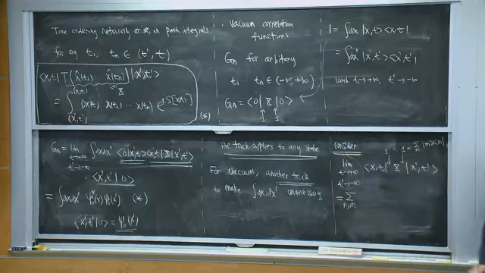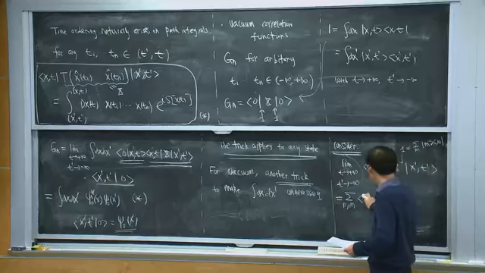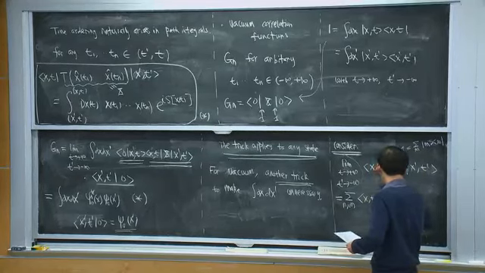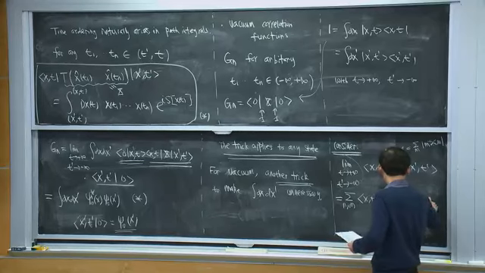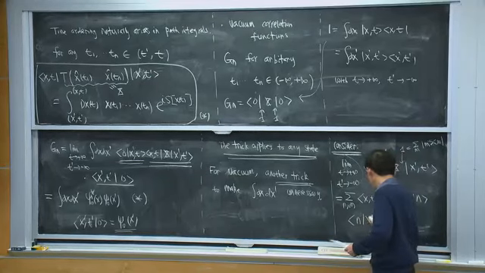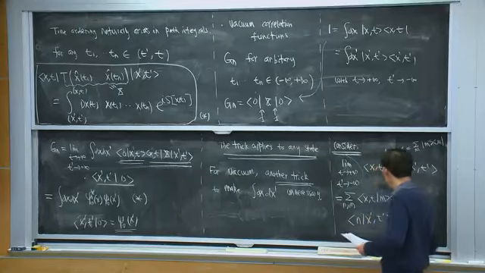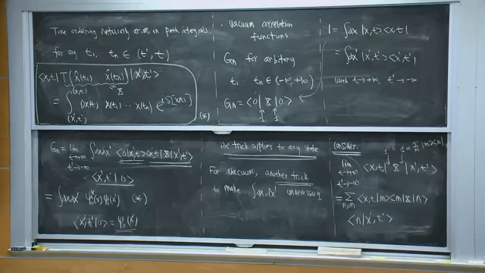Keep this limit in mind: always t prime goes to minus infinity. So now we have the overlap of x, t with m, then m with n, and n with x prime, t prime.